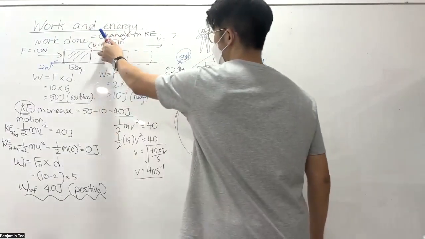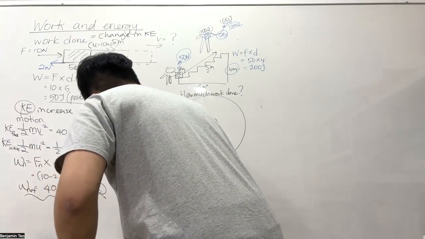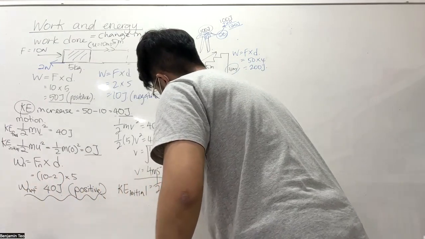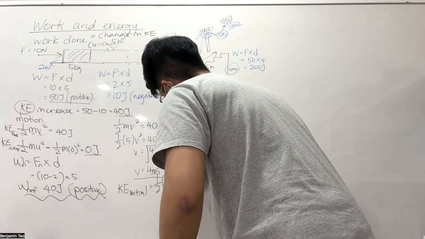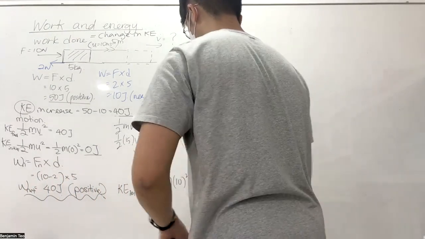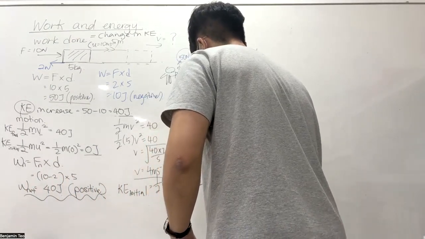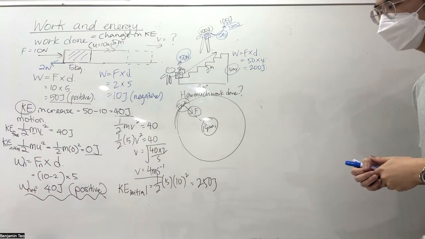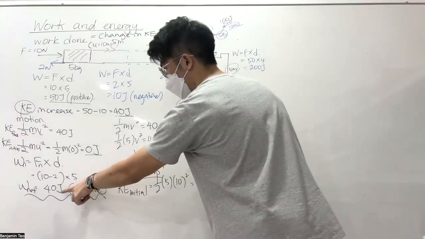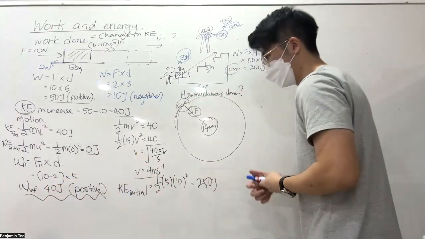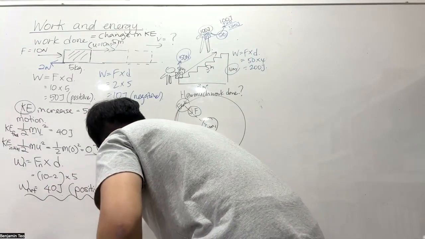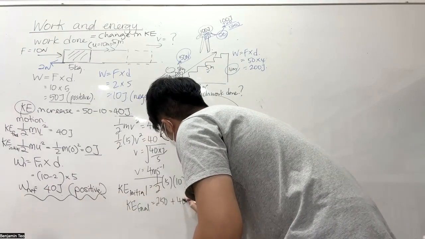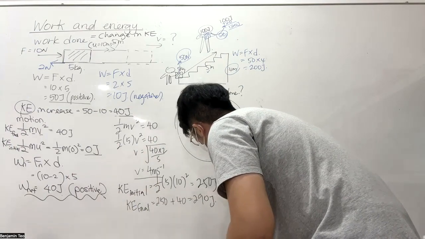Now, the initial kinetic energy is KE initial, half m v squared, which is 5 times 10 squared, 250 joule. KE initial plus the positive net work, so 40 being added, gives KE final. 250 plus 40, 290 joule.